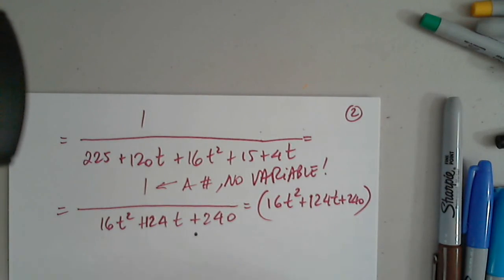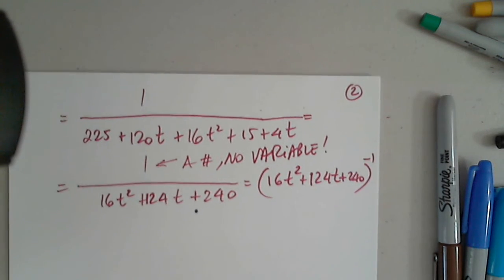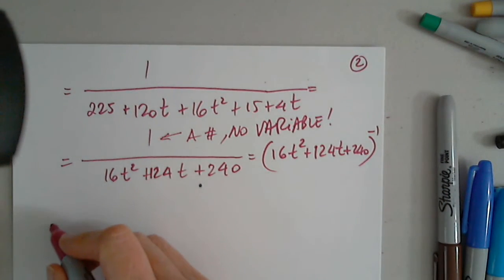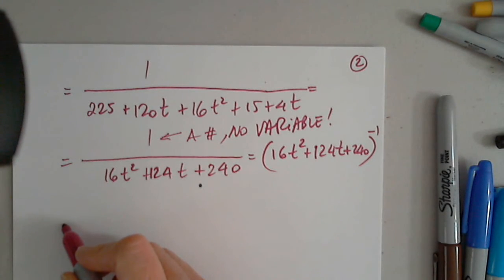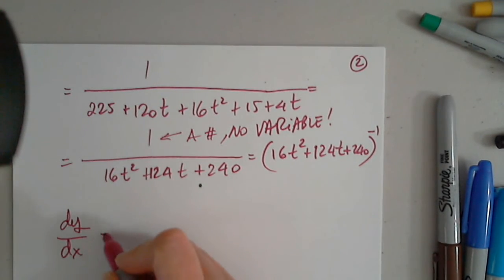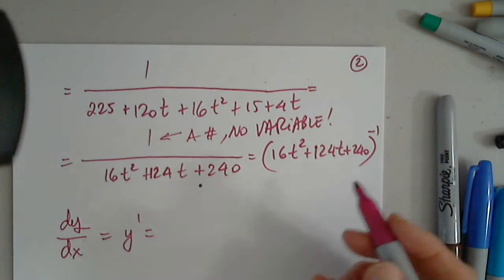Negative 1. Excellent. This is what I want to differentiate. So dy over dt, or if you want y prime, same thing.